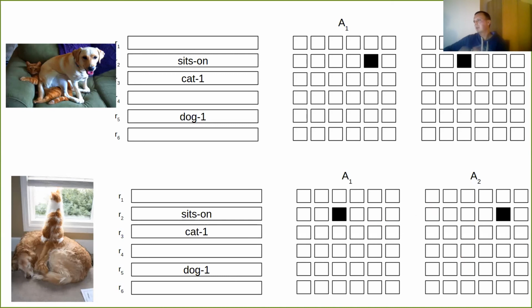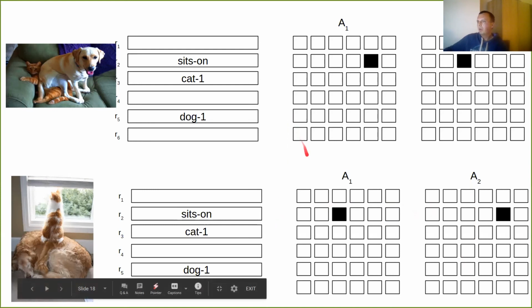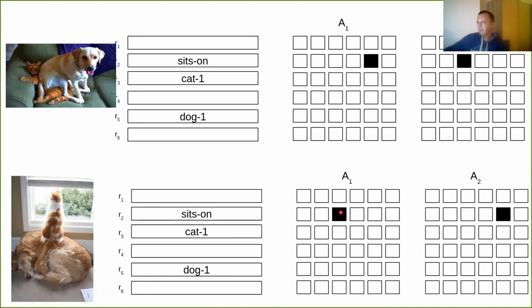Of course, you can increase this parameter and have 3 binding matrices, in which case you will be able to represent relations with up to 3 arguments. Now, the activation of this unit tells us that the first argument of sits on, because in the first binding matrix it's on the same row as sits on, is located in slot 3, because it's the 3rd neuron in this row.